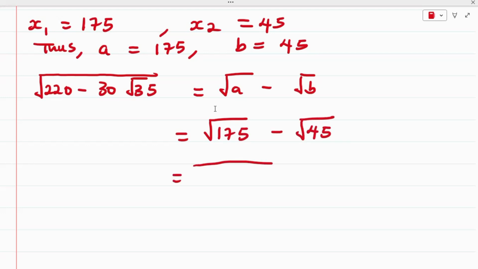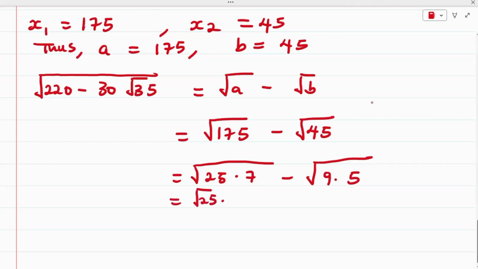And 175 can be expressed as 25 multiplied by 7, minus the root of 45 can be expressed as 9 multiplied by 5, which is equal to the root of 25 multiply the root of 7 minus the root of 9 multiply the root of 5. So this is equal to the root of 25, which is 5, multiply the root of 7, minus the root of 9, which is 3, multiply the root of 5.